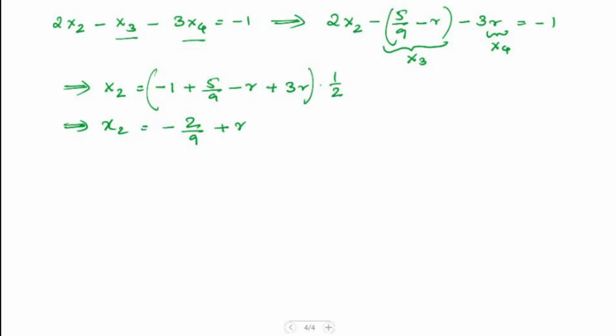Now, finally, we come to the third equation, which is x1 plus x2 plus x3 plus x4 is equal to 1. So in this one, if you replace the values, we do not have a value for x1 as of yet.